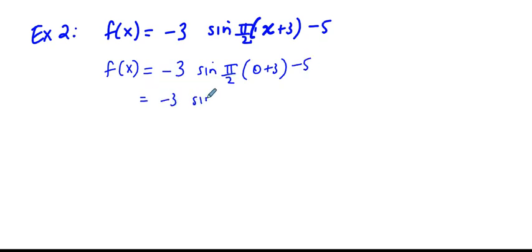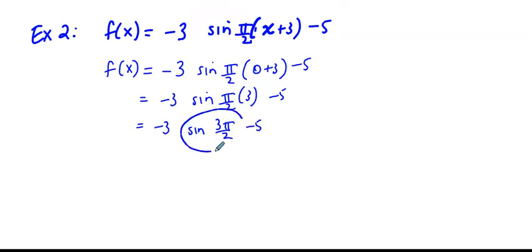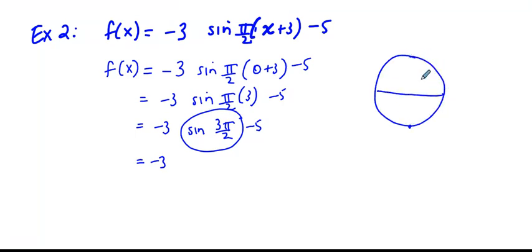So this is -3 sine of pi over 2 times 3 minus 5. The only difference, obviously, is that there is this trigonometric component, so you need to evaluate that. Okay, so we go to the unit circle. 3 pi over 2 is right here, right? That's why it should be memorized.